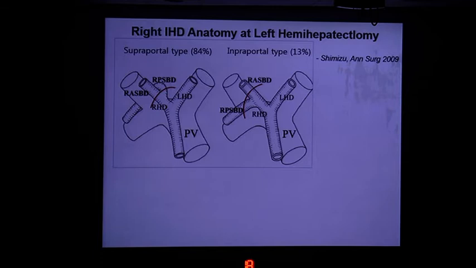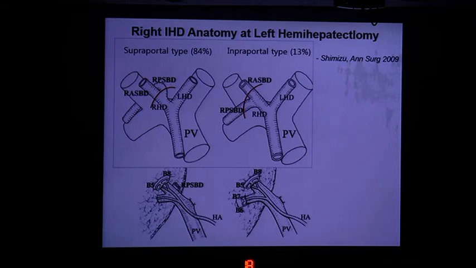As you see, in infraportal type, you can get a longer resection margin easily. So after resection, the specimen looks like this. Usually it's supraportal type, but if we meet infraportal type, you can get a longer bile duct resection margin. So before surgery, you can think about it.